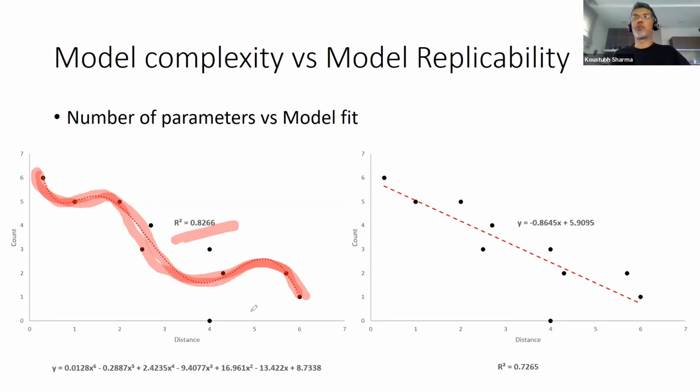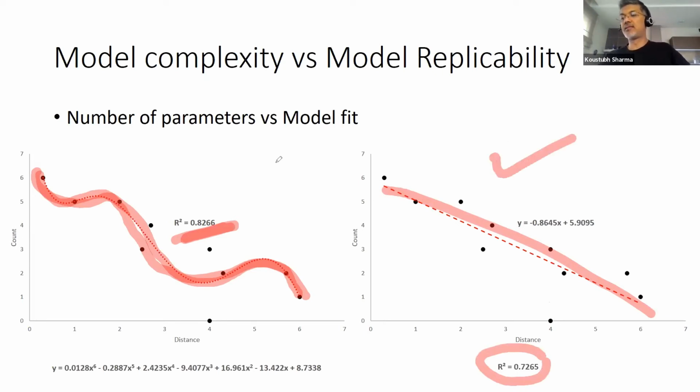When a distribution of points matches an equation, or a regression, completely, that becomes 1. Here it's trying to get as close as possible to 1. If I draw a straight line, my r square value is slightly less, 0.72. But I might actually go ahead and prefer this one over that one.